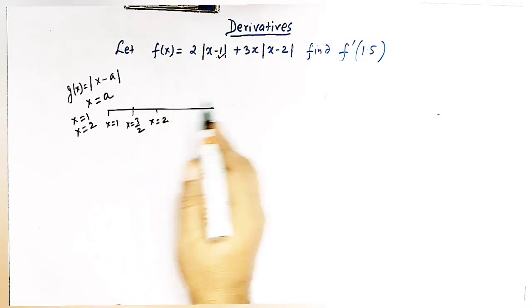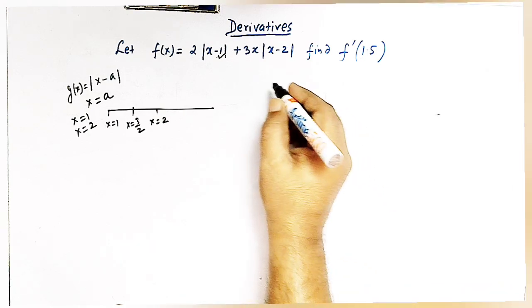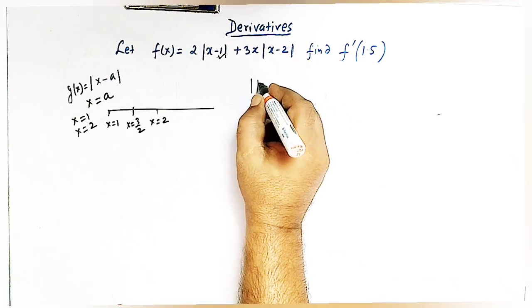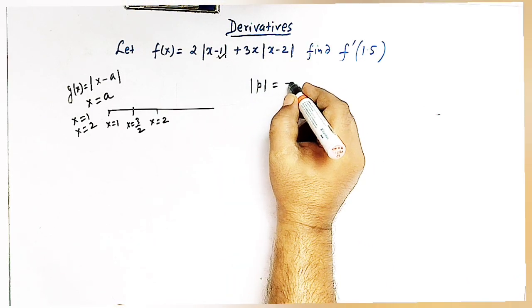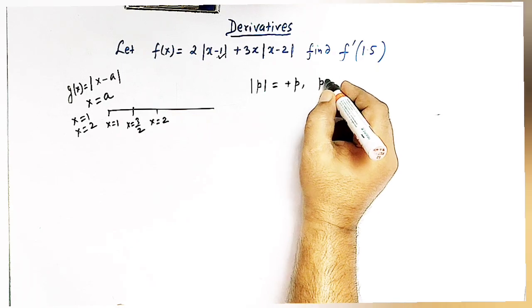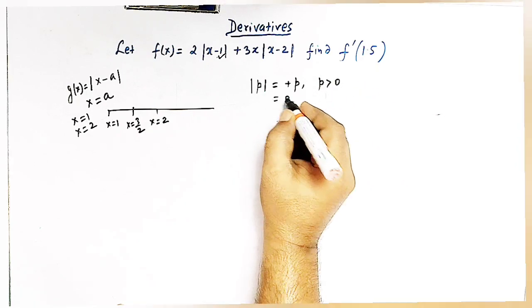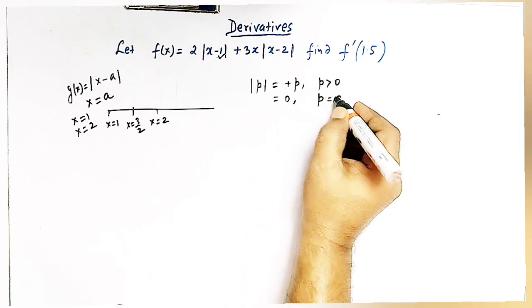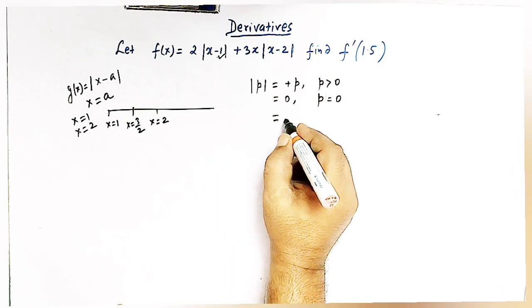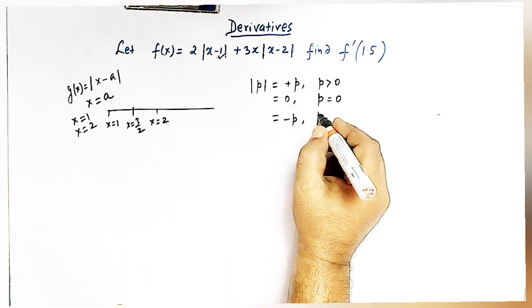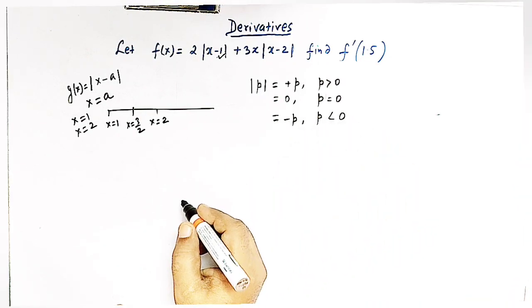So now let us first see the definition of mod function. Now mod of p is defined as positive p whenever p is greater than 0, mod of p is 0 whenever p is equal to 0, and mod of p is negative p when p is less than 0, right?